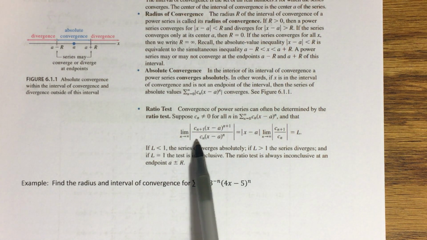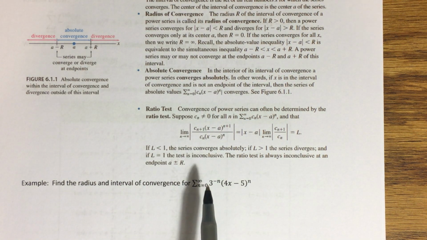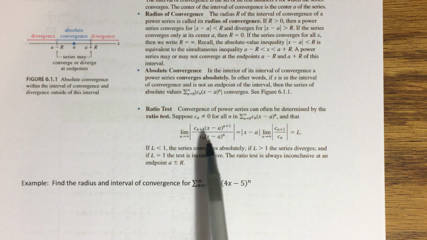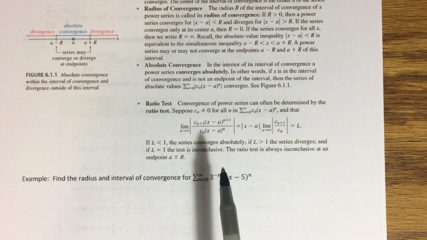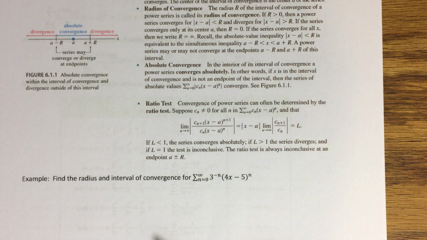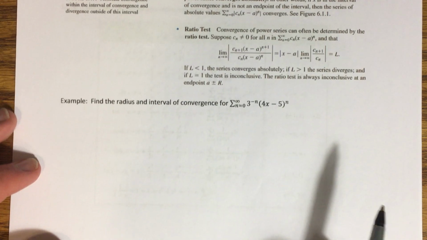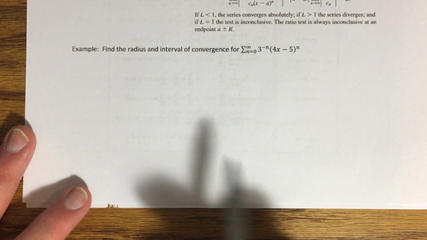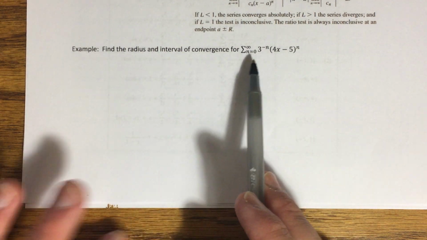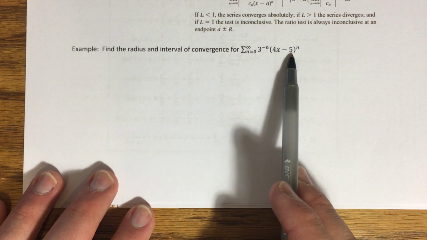If that limit is exactly equal to 1, then the test is inconclusive, and we have to figure out a different way of determining convergence or divergence. So the purpose of the ratio test for us is that it helps us determine what our interval of convergence looks like. Here's an example where we're going to do that. We want to find the radius and the interval of convergence for this power series.